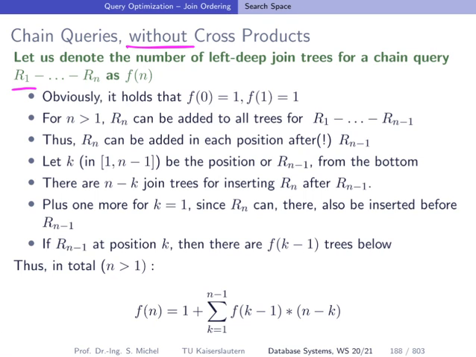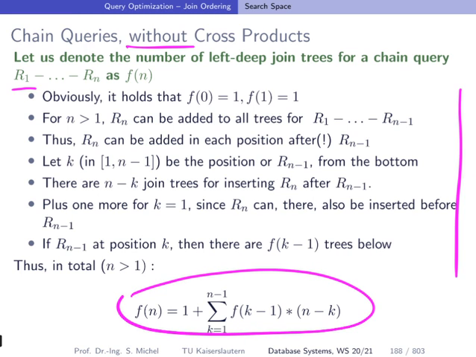And if we then also say we only restrict ourselves to left deep trees, as some database systems do, to reduce the search space, then in the end we can derive a more concrete formula for the number of possible left deep join trees for the special case of chain queries. Right? We will not go through the derivation. In the end, you're getting some complicated looking equation out.